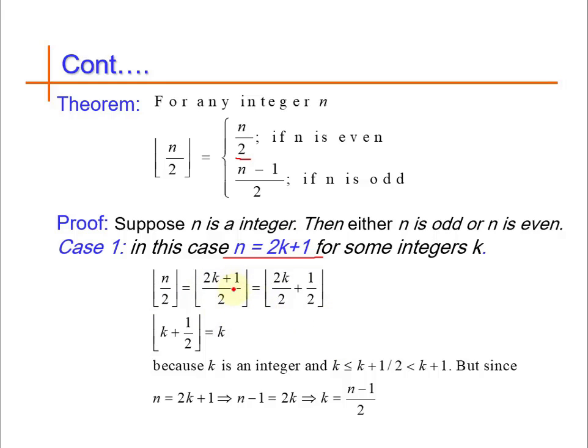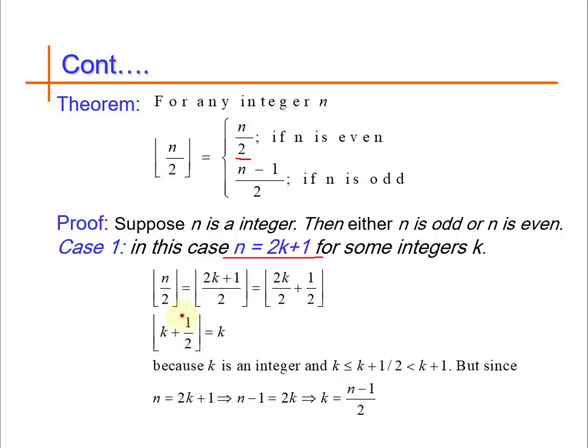and by dividing it by 2 we know that we can separate this into fractions like this. So we get 2k over 2 plus 1 over 2, and this 2 cancels out, and we have k plus 1 over 2.